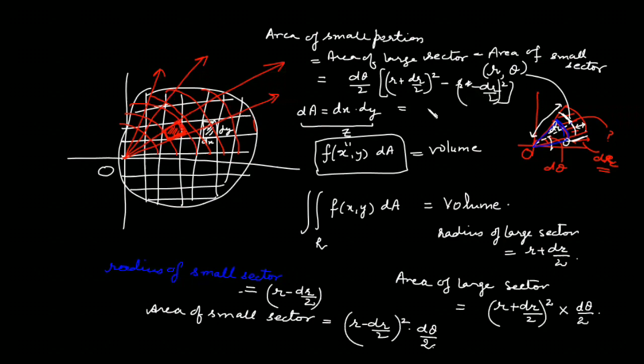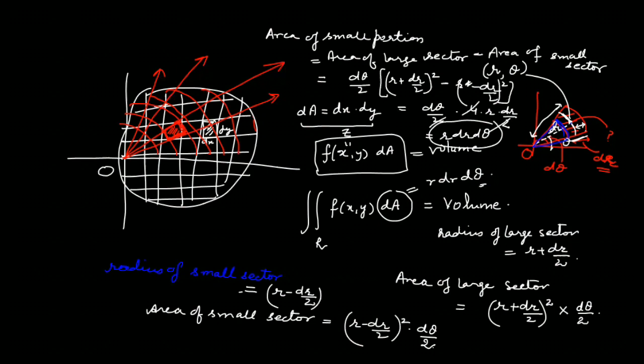So when you open this, you get d theta by 2 into 4 times r dr by 2. So this is r dr d theta. So the area of the small portion will be r into dr into d theta. So that means dA will be replaced by r times dr d theta.